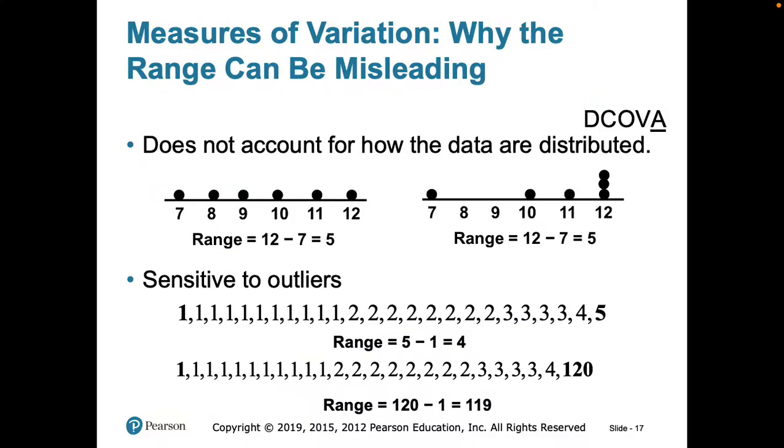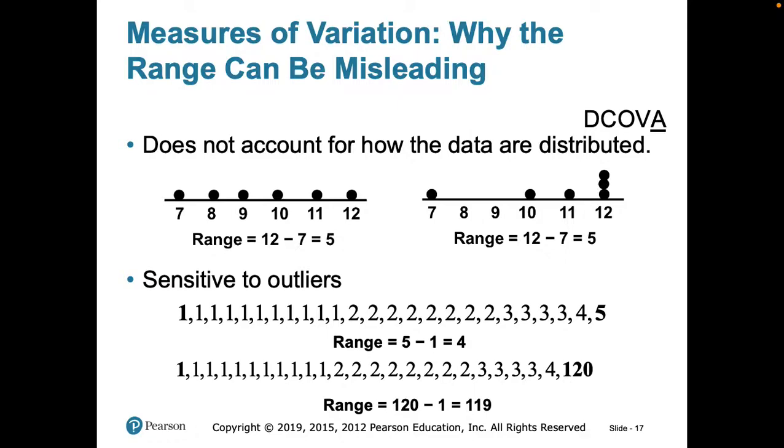This could be misleading because you are not taking into account how the data is distributed, right? How much data there is. Maybe most of the data is towards 11. Maybe most of the data is towards the bottom. You don't know. Also, another thing about the range is it's sensitive to outliers. So you can have all of these values that are really low, and then you have one value that is really high, and that will change. Look at this example here.